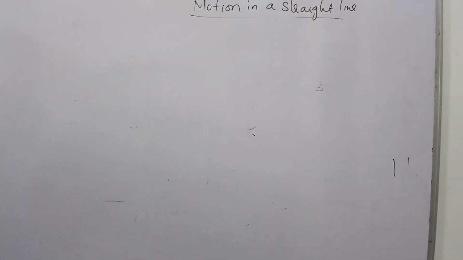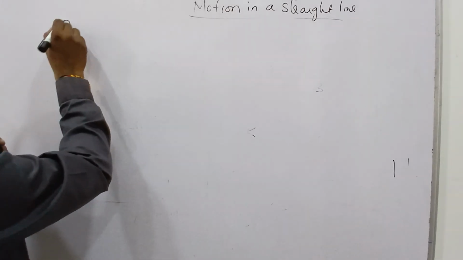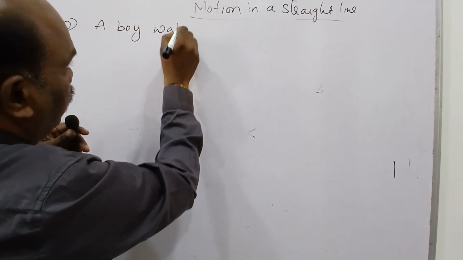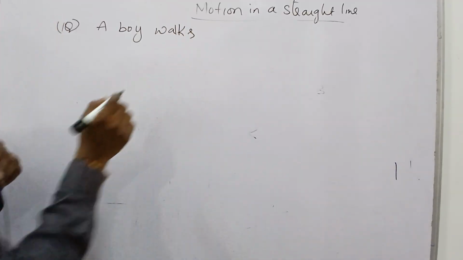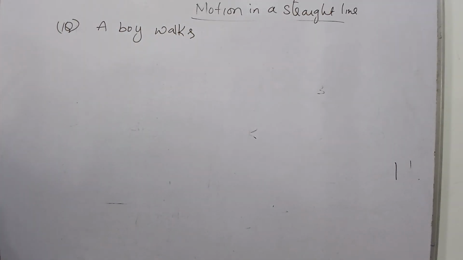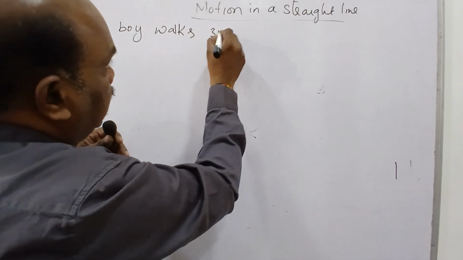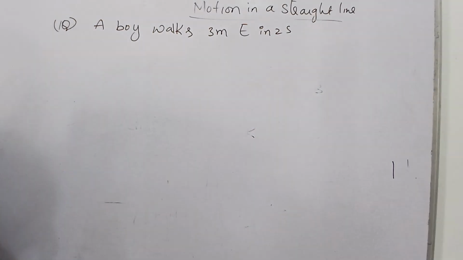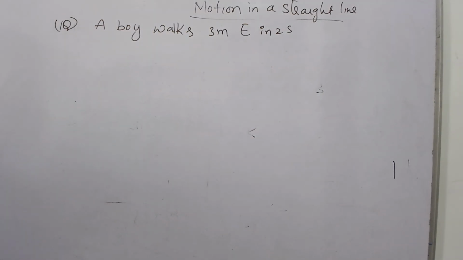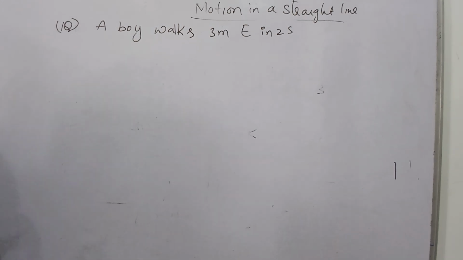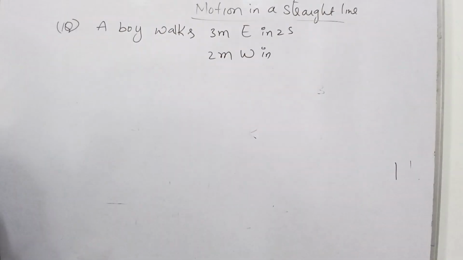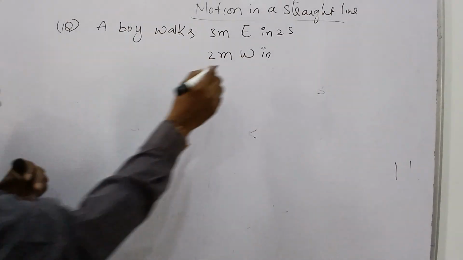Next question, right beta? A boy walks 3 meter east in 2 seconds, and 2 meter in the west direction, 2 meter west in 3 seconds.